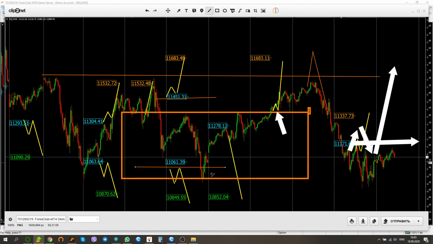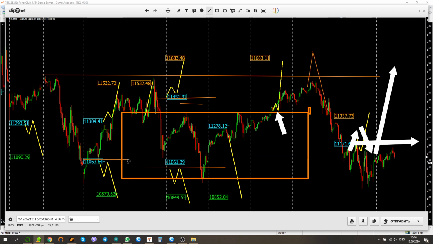I opened the sell position right here, and I have my stop loss right here, and I was waiting till the price fell down. But in this case I received a stop loss. It's okay. The price went through another scenario, but it's normal to have both profitable and losing trades.